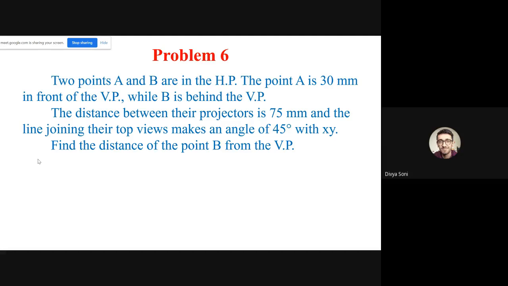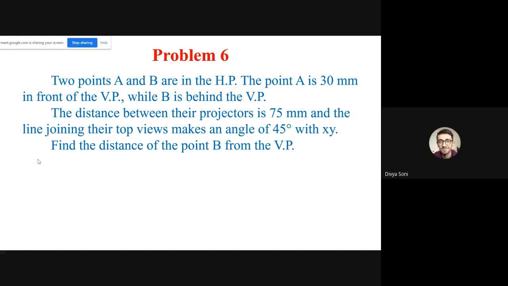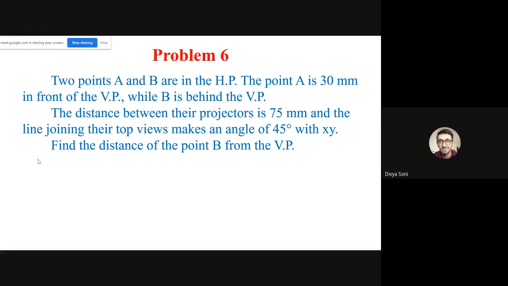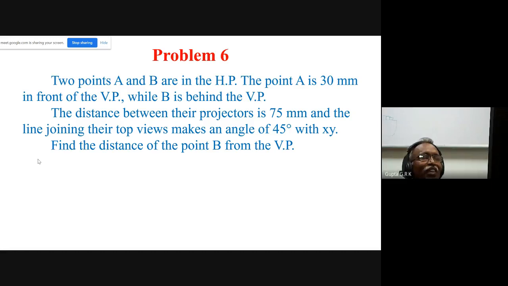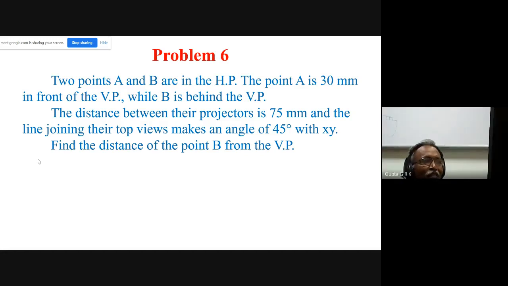A is below XY, 30 below XY, while B is behind VP. Only we don't know how much it is. It is just given that it is above XY. Top view of B is above XY. So some other data I have to get.